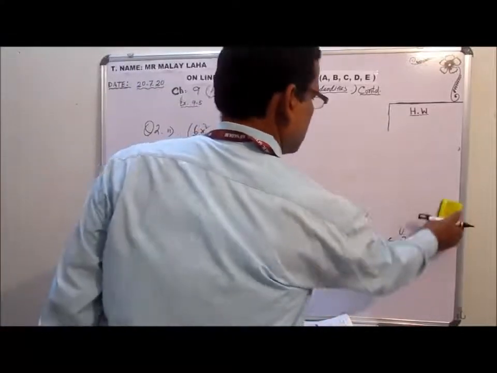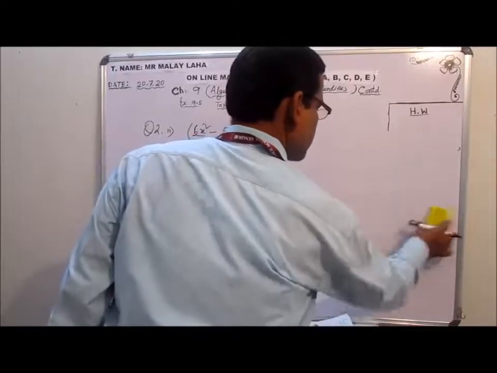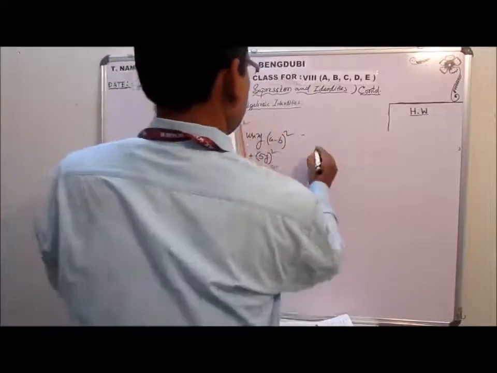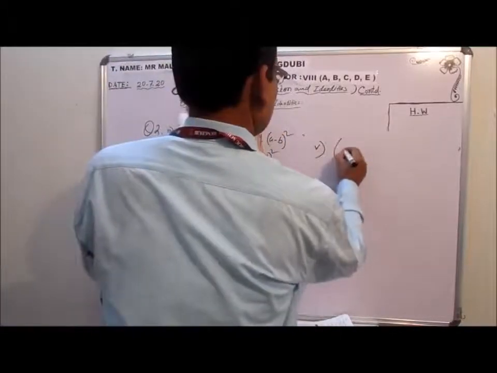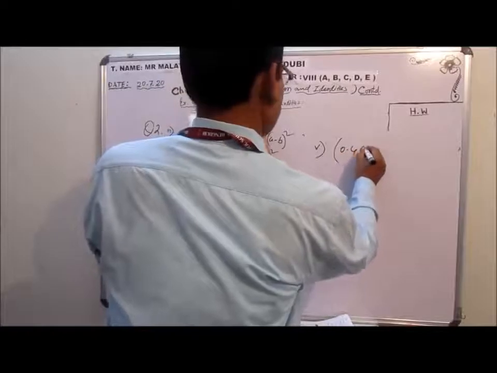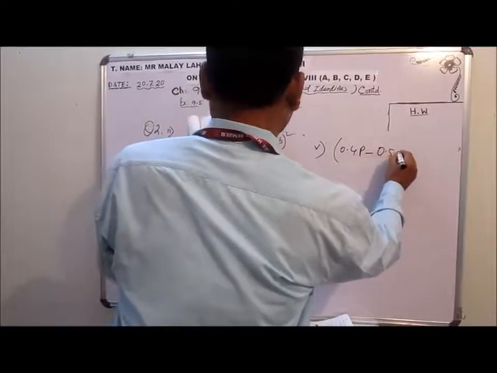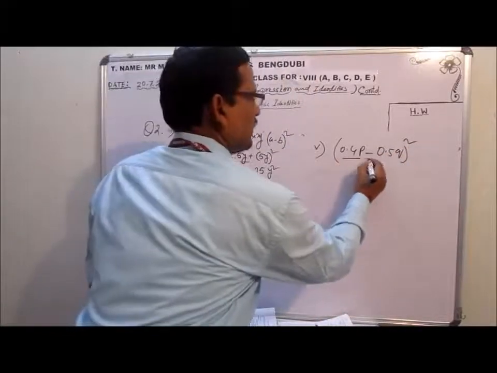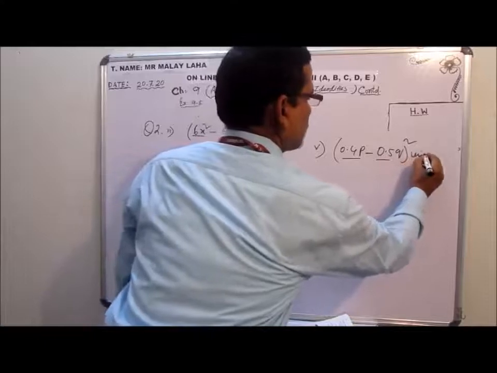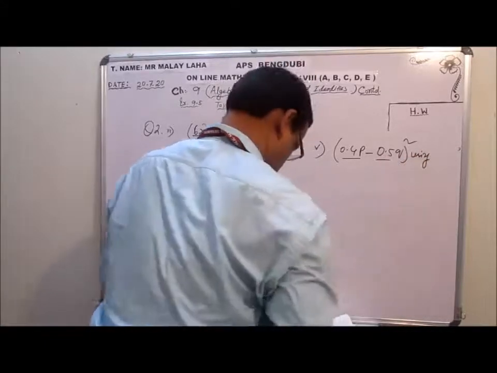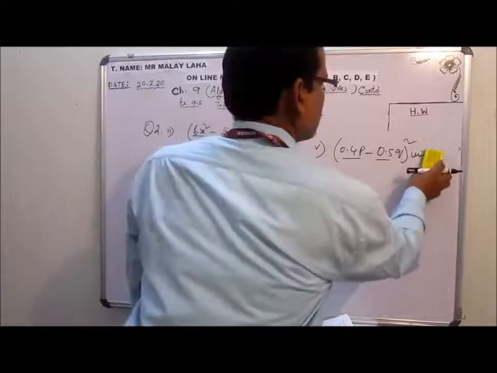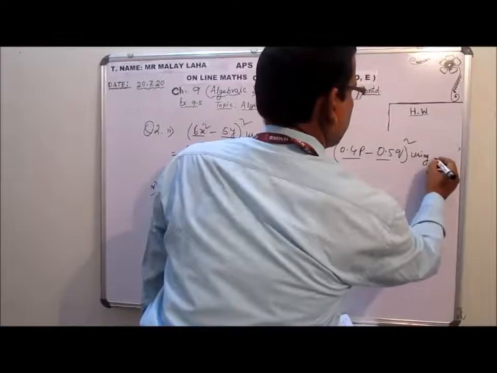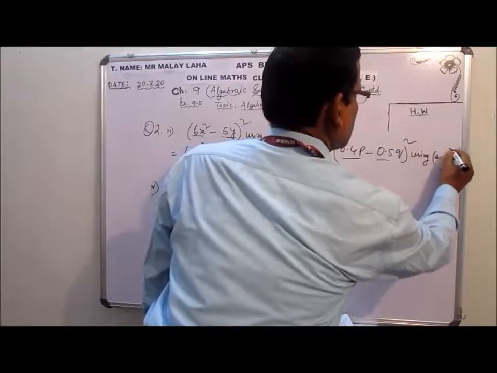Same type. Question 5. So (0.4 p minus 0.5 q) whole square. So this one is A, this one is B. Using, please try to recognize my writing, A minus B whole square.